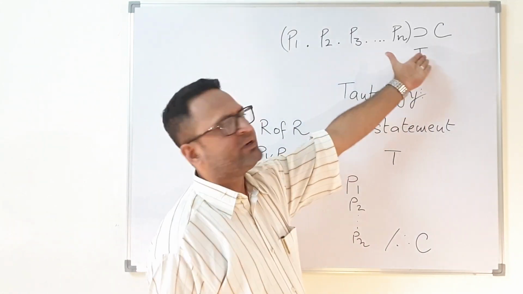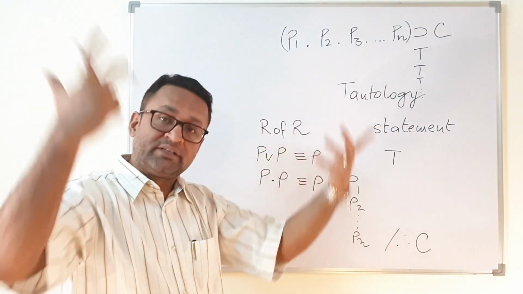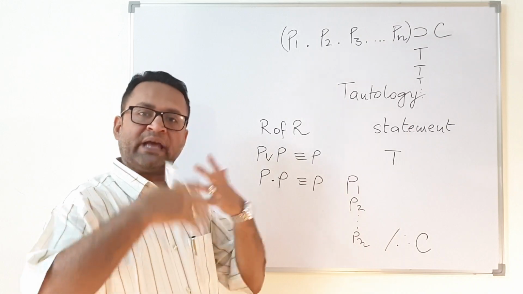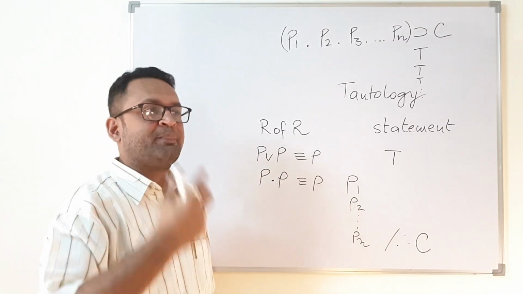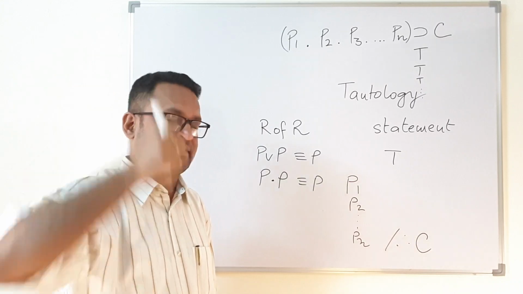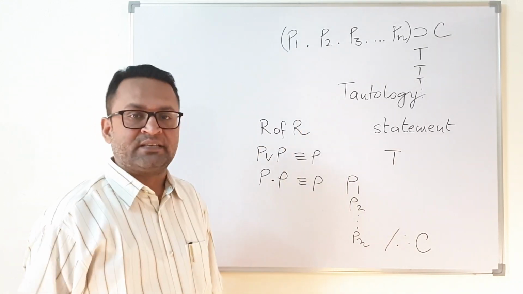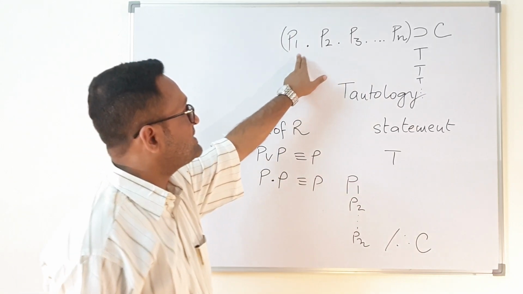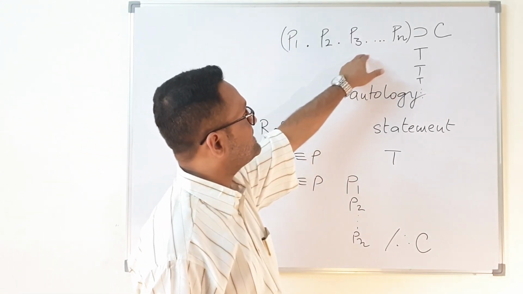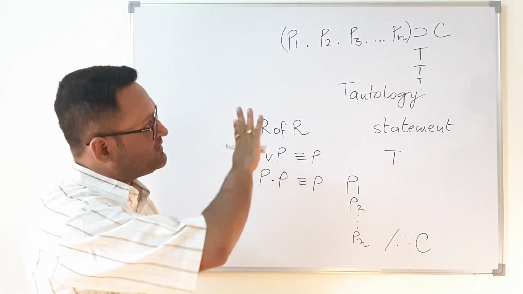You can call it a statement, for sure, but it becomes an argument form in itself as well. People may have objection to this, but believe me, it is a valid argument form in itself, right? And the connection is this: if you put the conjunction of the premises implying the conclusion, it will become a tautology. Now you understand what a tautology is.